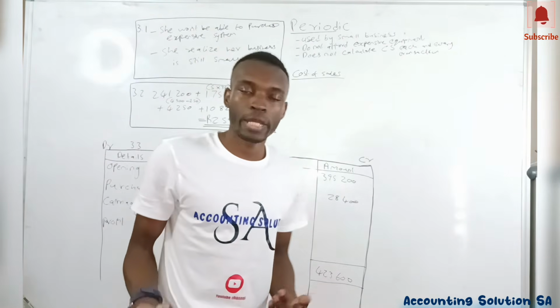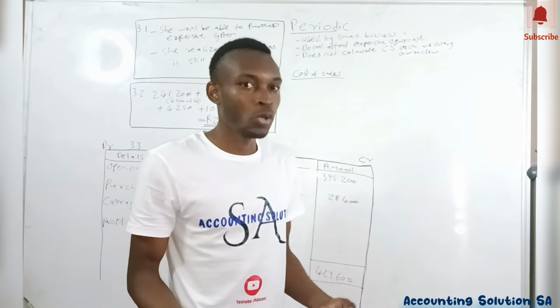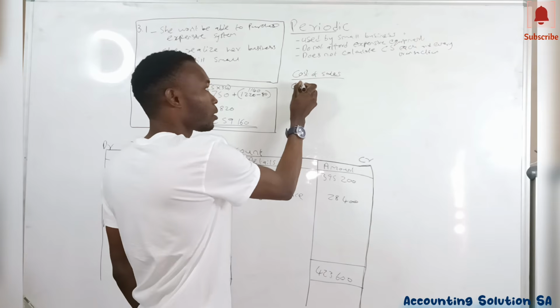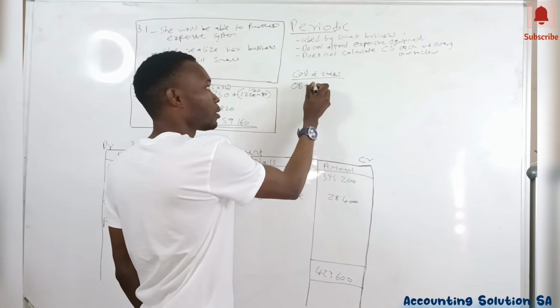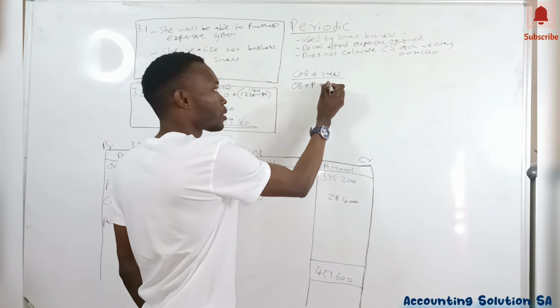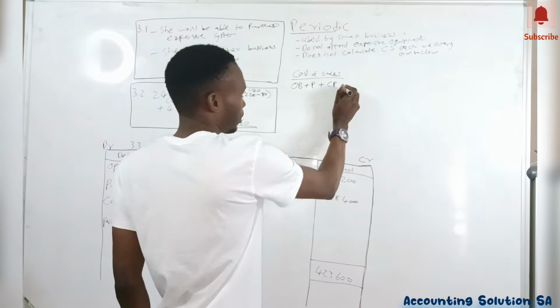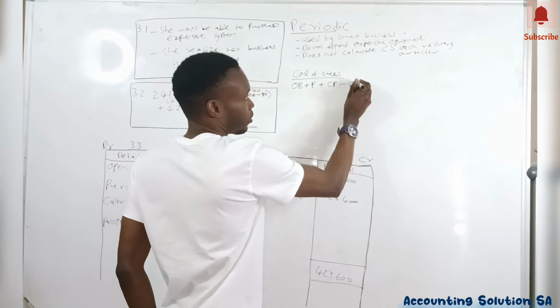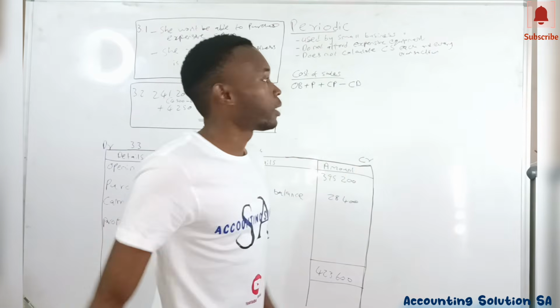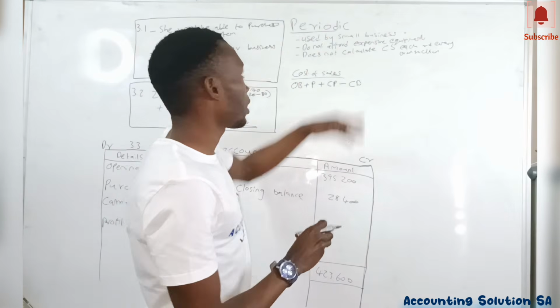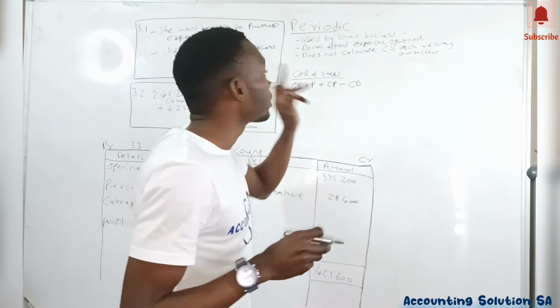You have to use a formula, which I'm going to lay down here. The formula says opening balance plus purchase plus carriage on purchase minus closing balance. Then it's gonna give you the cost of sales. That's the formula that you have to use under a periodic inventory system.